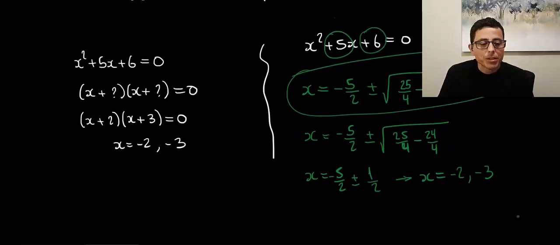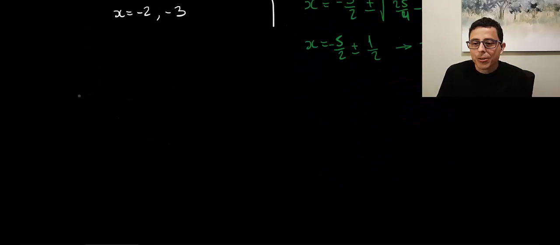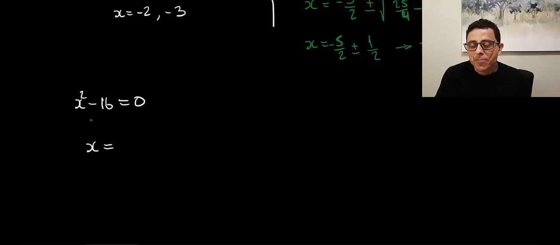Here's another example, and of course this is very, very easy. You don't even need any formula. The solution is 4 and -4. Forget the square. So the coefficient of x is hiding, which is 0, right? So it's not showing up here. So 0 divided by 2 is 0.